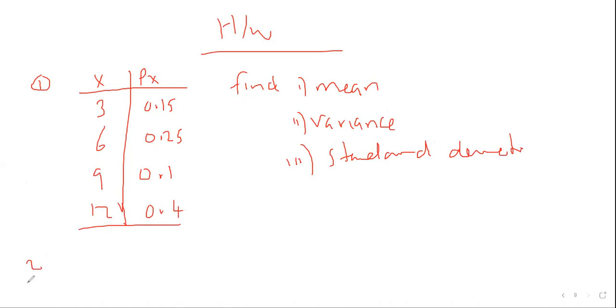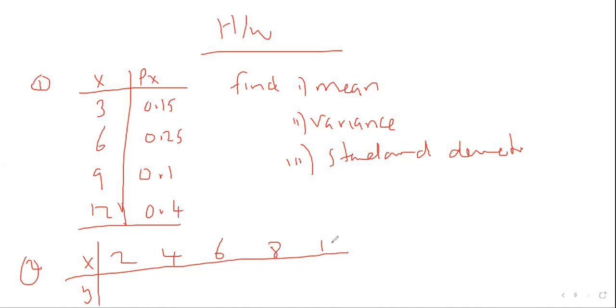Question number 2, we're given the values of X and Y as follows: X is 2, 4, 6, 8, 10, and Y is 1, 5, 3, 4, 7.